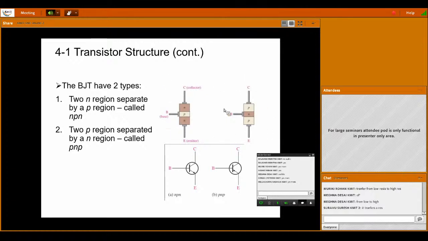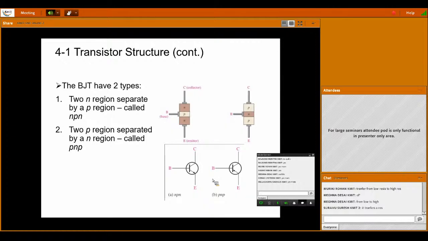So this picture will give the actual basic structure, and the picture below will give the basic electronic symbols of transistor NPN and PNP. These are the symbols which we are going to utilize for representing NPN and PNP.